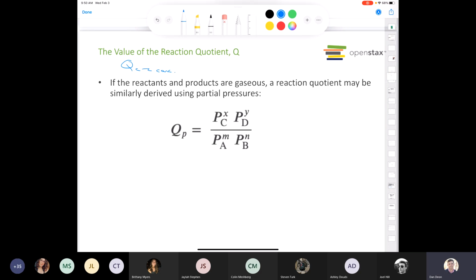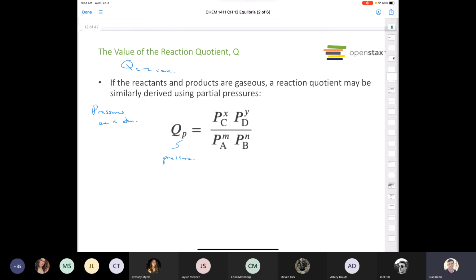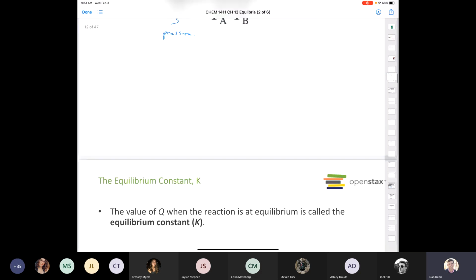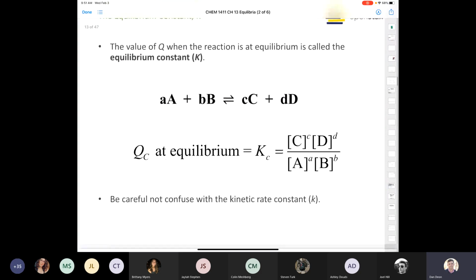When we're given pressures, we can calculate QP, which stands for pressure. We can use partial pressures, and the pressures are usually in atmospheres in this class. So there we go. QP and QC, and we're going to look at examples where we solve for QP and QC.